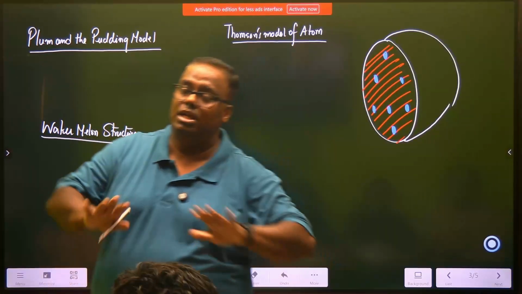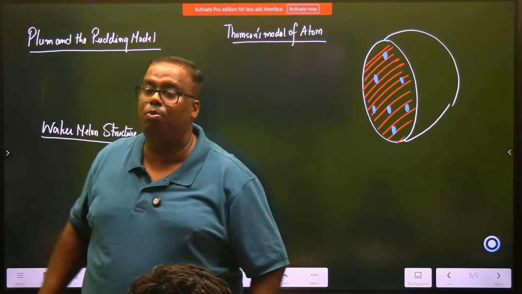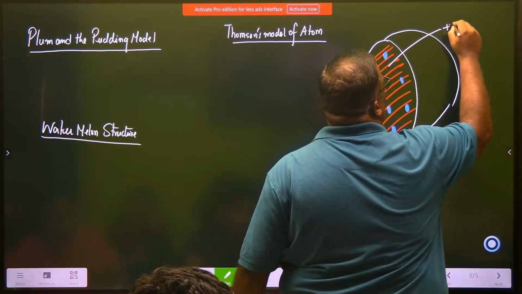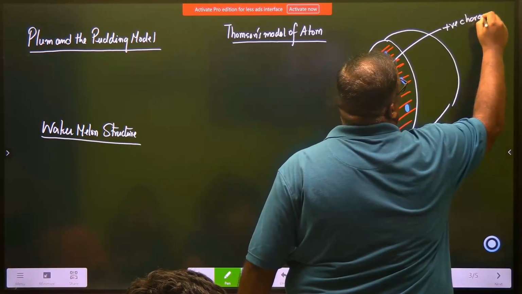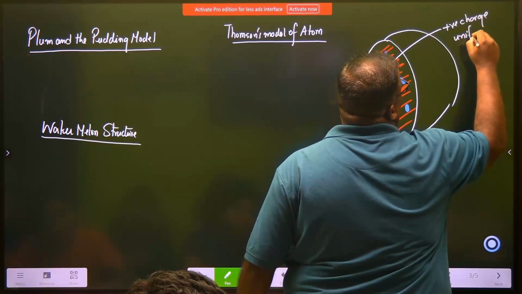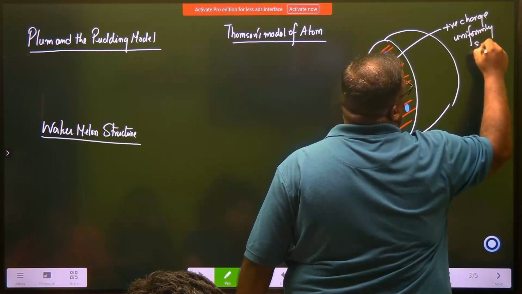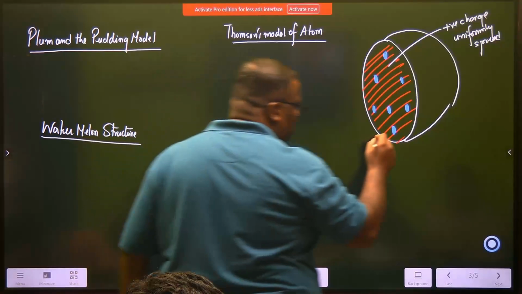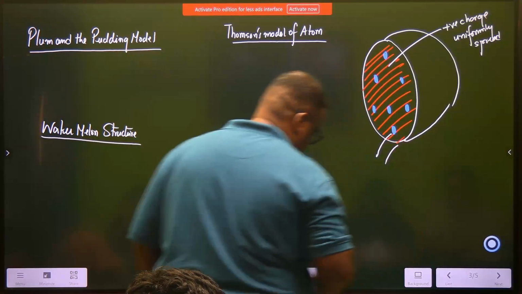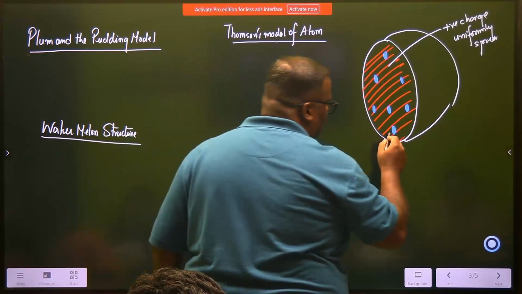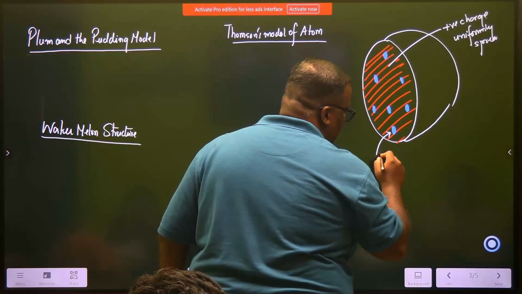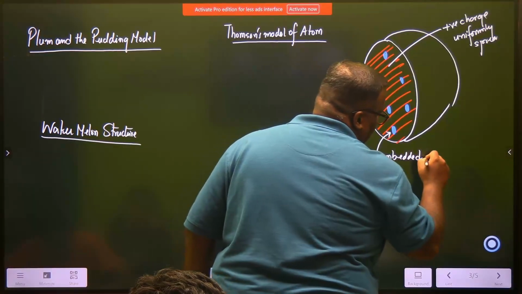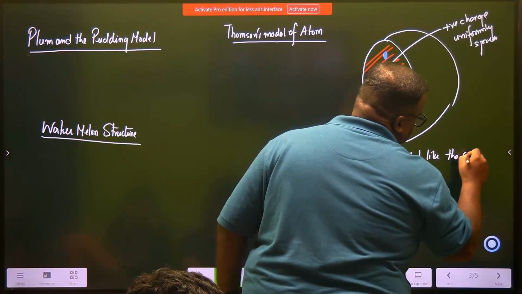He says the majority of the atom is a positively charged space, so the red color is compared to positive charge, uniformly spread, and the electrons are embedded like the seeds.